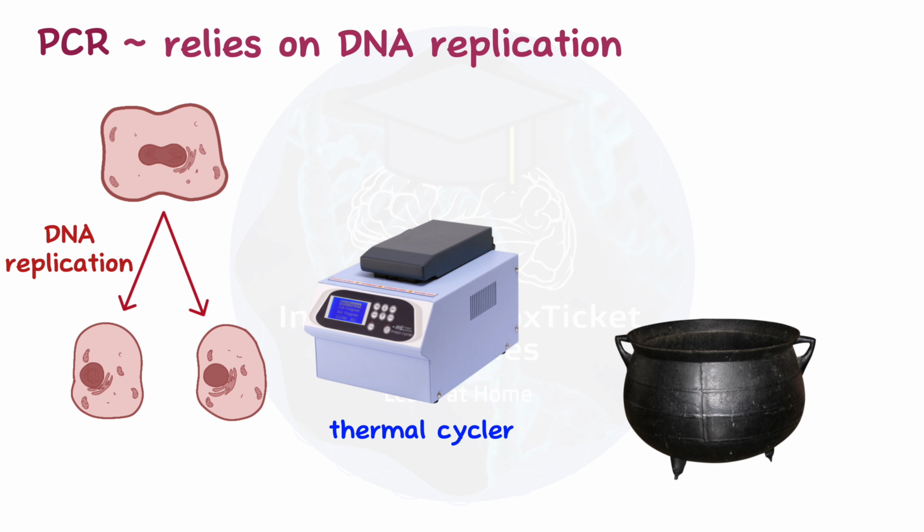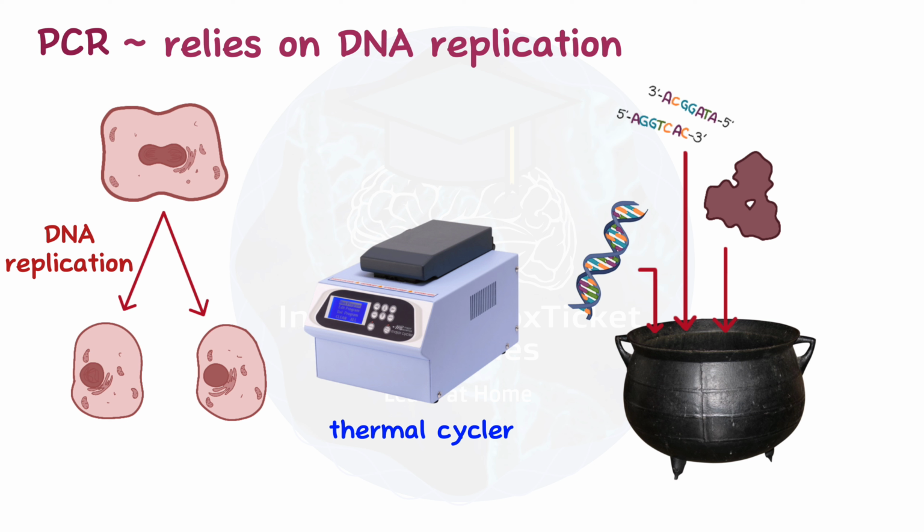These ingredients include the DNA we want to replicate, an enzyme known as Taq Polymerase, specific primers that attach to the DNA, and a mix of free nucleotides, A, T, C, and G. Toss everything into the thermal cycler, give it a figurative wave of your magic wand, and the process kicks off.